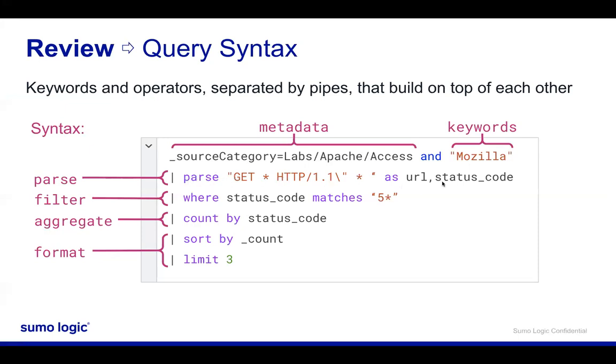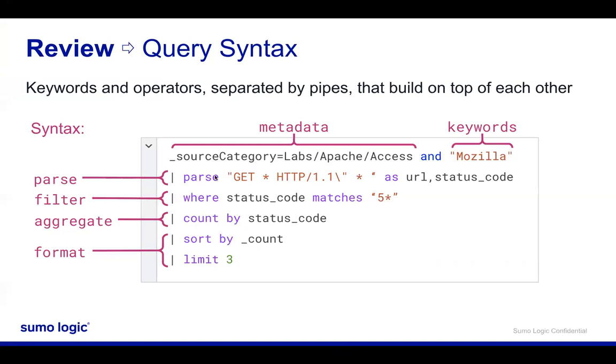This operator parses out those 10,000 messages, and then it gets sent on to the next line, which says I only want those where status code matches 5x, or 5 something, 5 star. So that means now maybe I only have 2,000 messages. Then those 2,000 messages get counted by status code, then sorted, and eventually we just show the top 3.